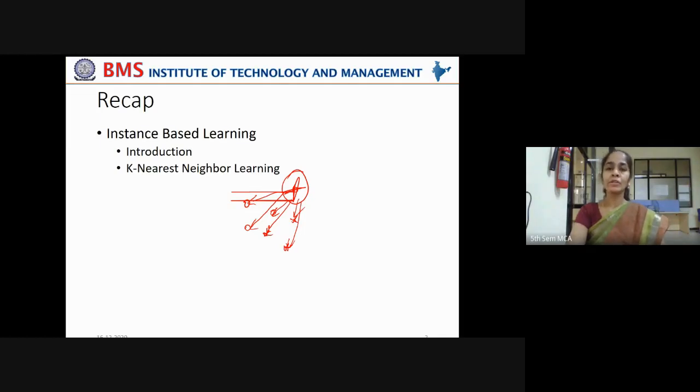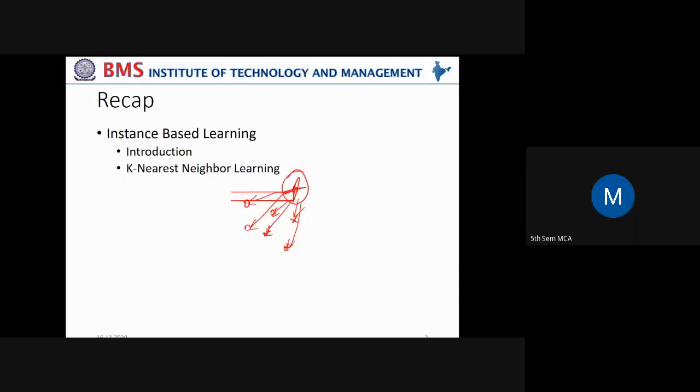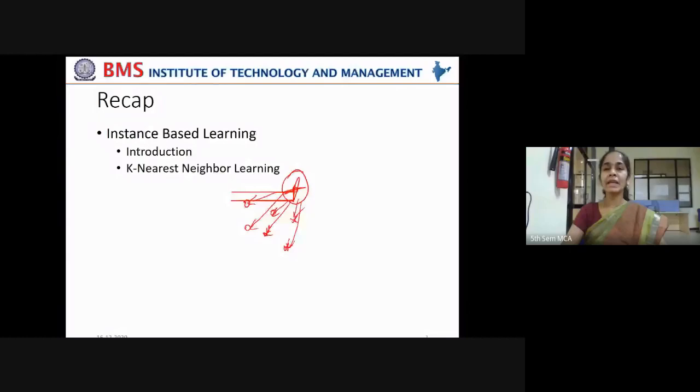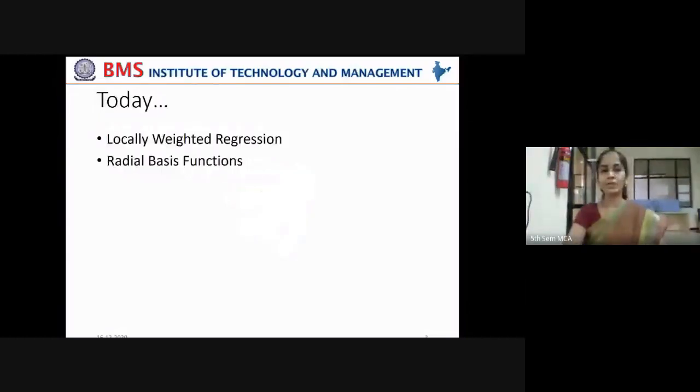This is how k nearest neighbor, or any instance-based method with this distance metric, works. Now in today's class, we are going to see locally weighted regression and radial basis functions.